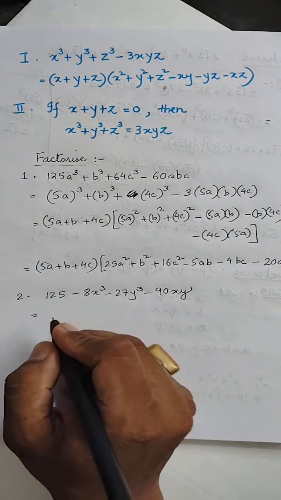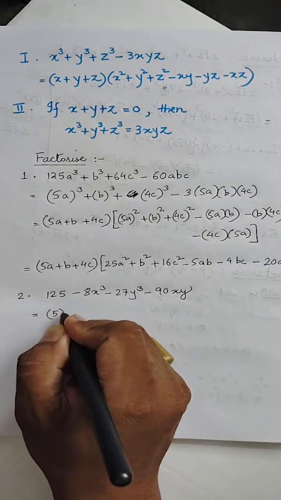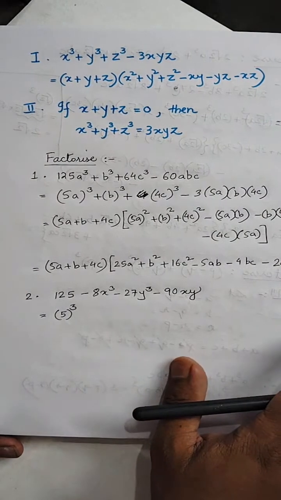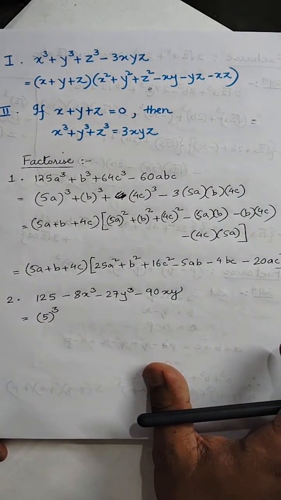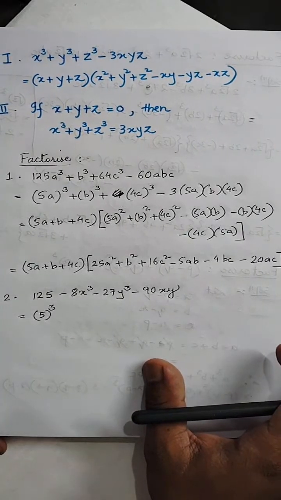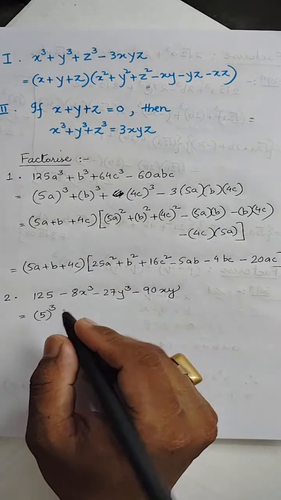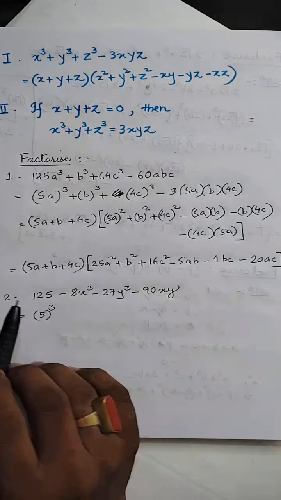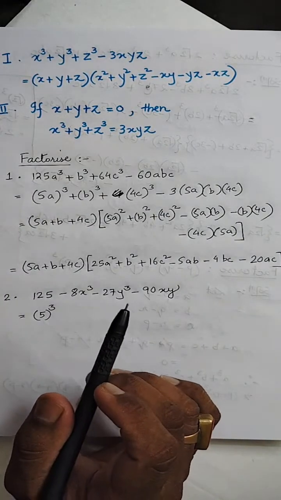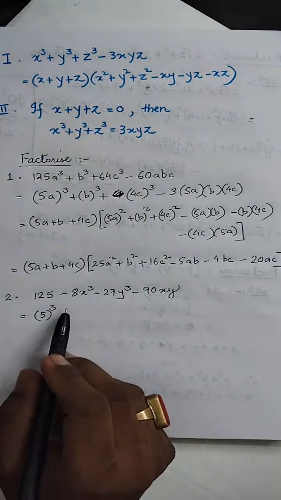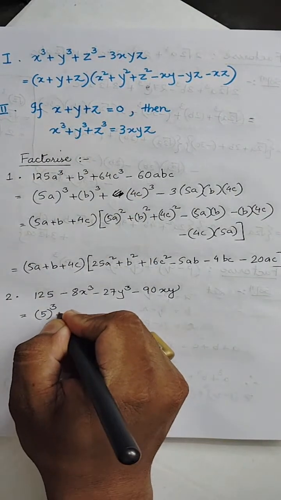So 125 is 5 whole cube. Then we have 8x cube. But the thing is, in the identity we have x cube plus y cube plus z cube. So we have to express this in this way.